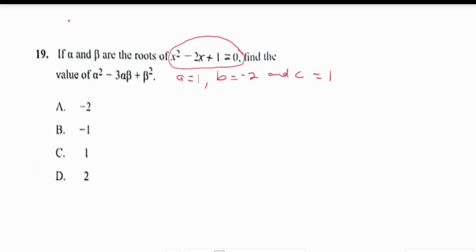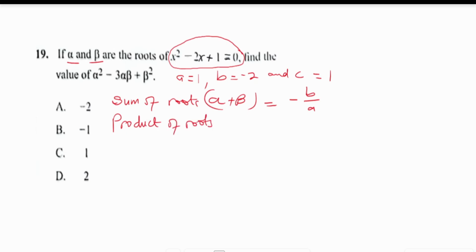And in solving this question, we are going to apply the symmetric properties of quadratic equations, which says that if alpha and beta are arbitrary roots of a quadratic equation, then the sum of roots, which is alpha plus beta, will be equal to -b over a. And the product of roots, which is alpha beta, will be c over a, using this a, b, and c.